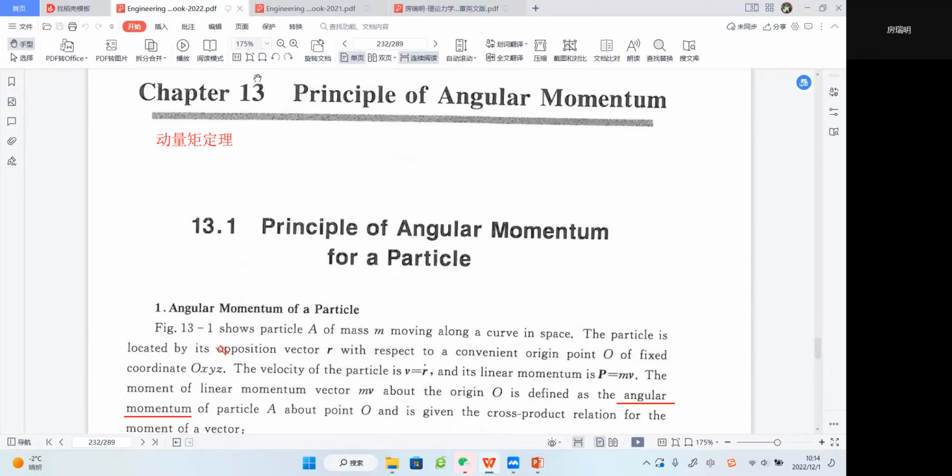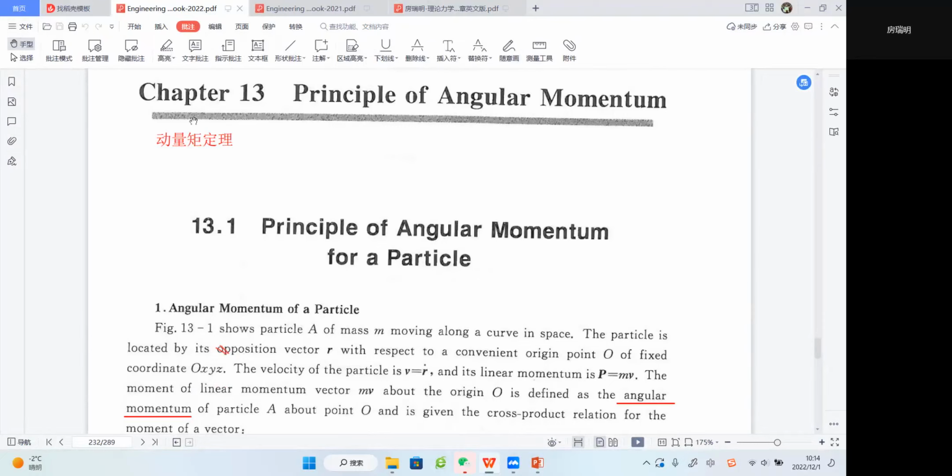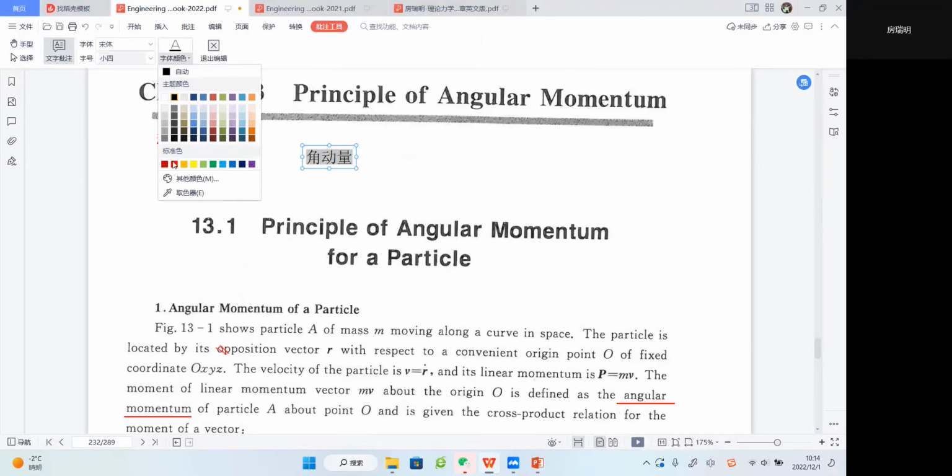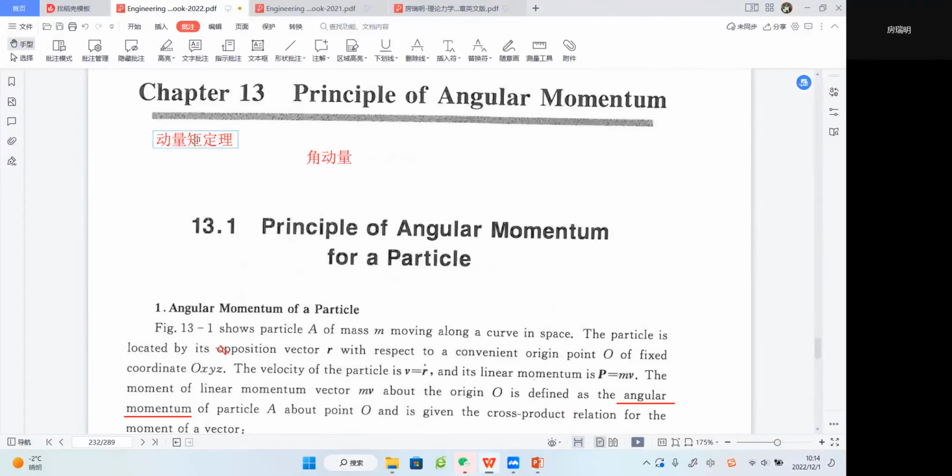In some cases, we also have another name in Chinese, 角动量. Angular means 角. But in many cases, we always call that 动量距.